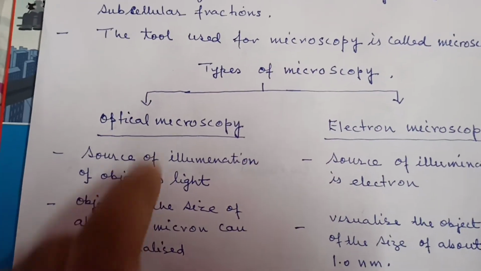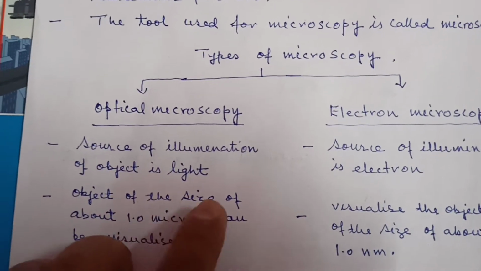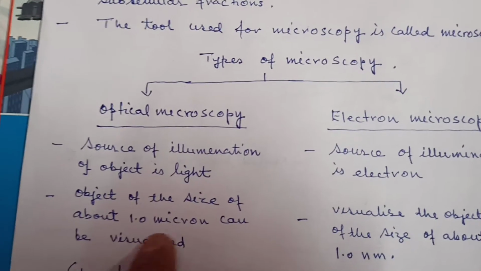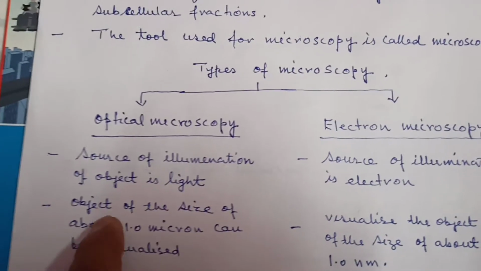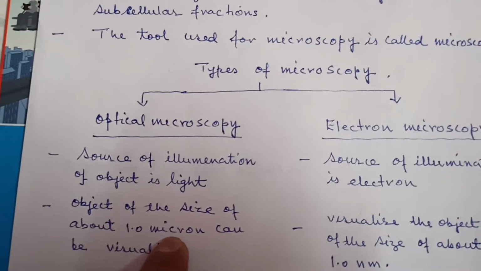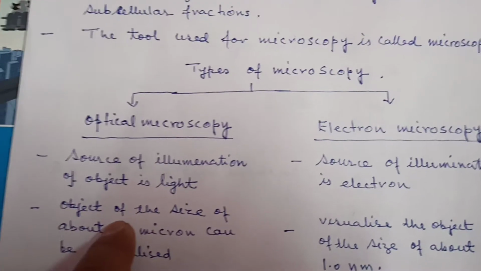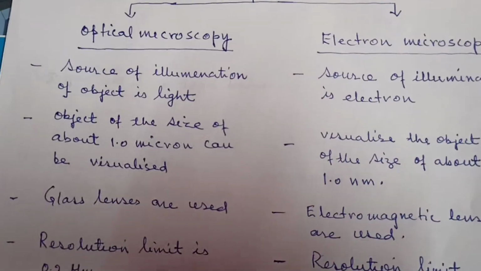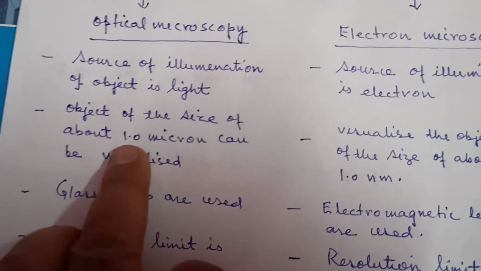By optical microscope we can see objects of the size of about 1 micron. That means an object which is as small as 1 micron can be visualized using an optical microscope. So the capacity of the optical microscope is up to 1 micron.